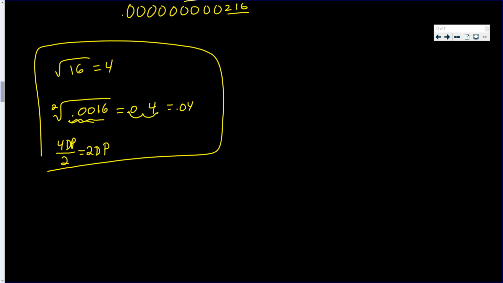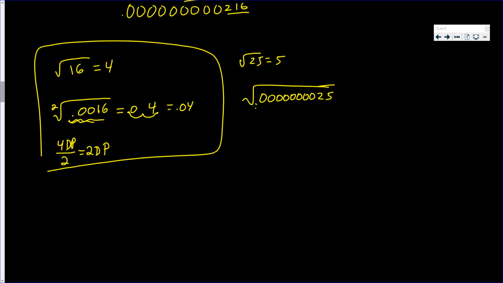Okay, think about this. It's not the worst. The square root of 25 is 5. So what is the square root of 0.0000000025, a number with 1, 2, 3, 4, 5, 6, 7, 8, 9, 10 decimal places?